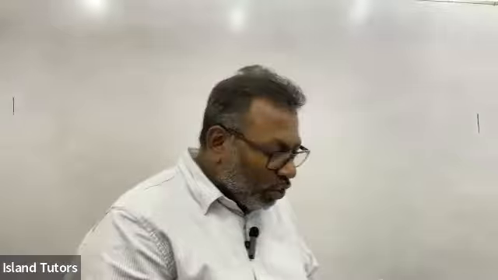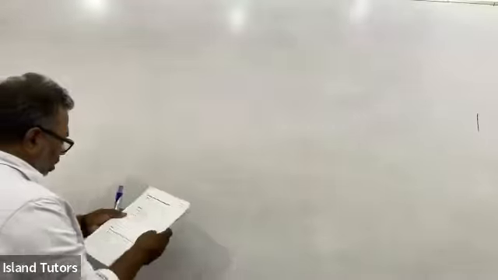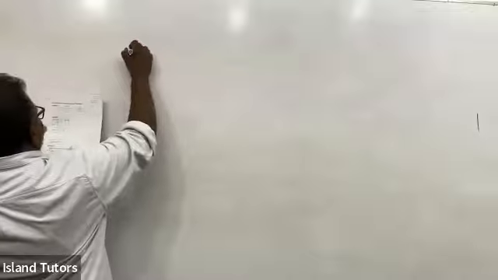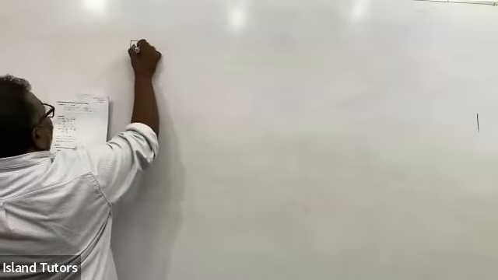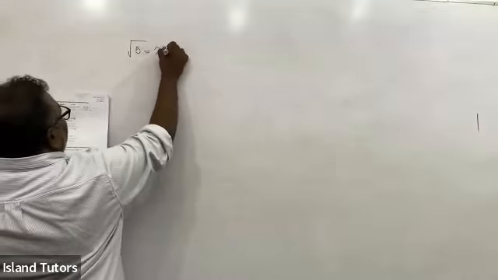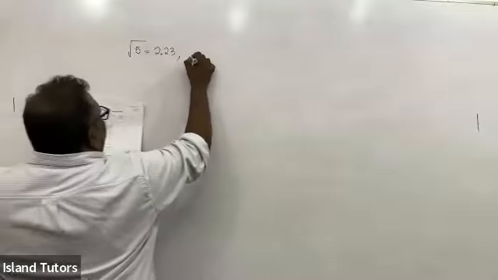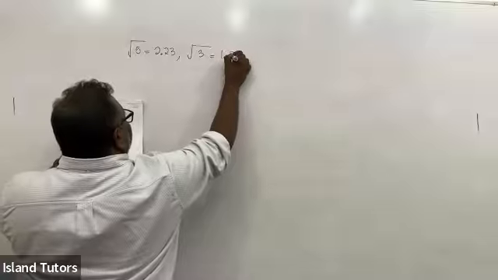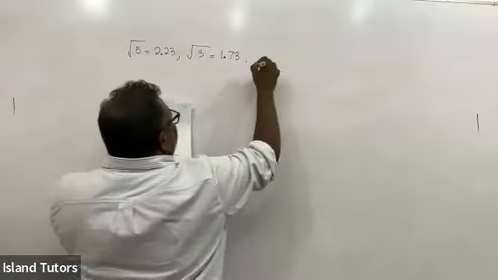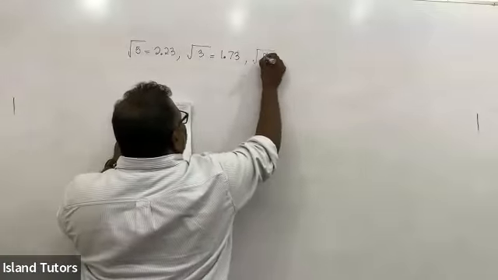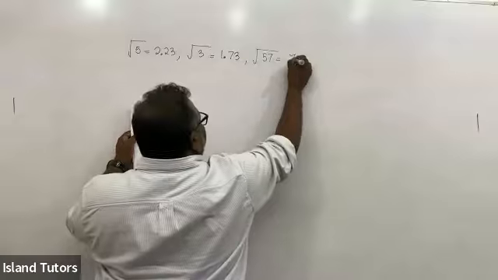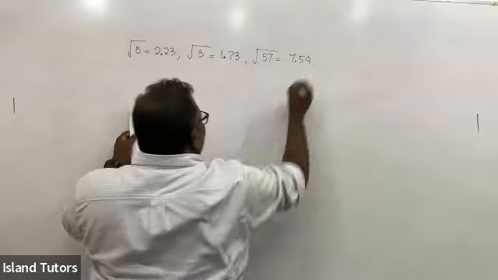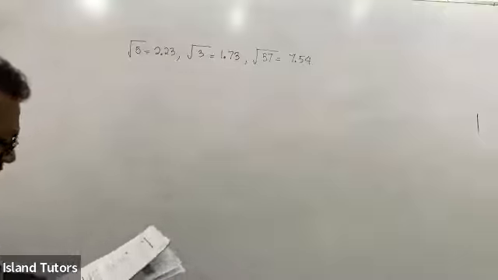Okay. x squared plus 2x. So they have given you square root of 5 as 2.23, square root of 3 as 1.73, and square root of 57 as 7.54. Right?